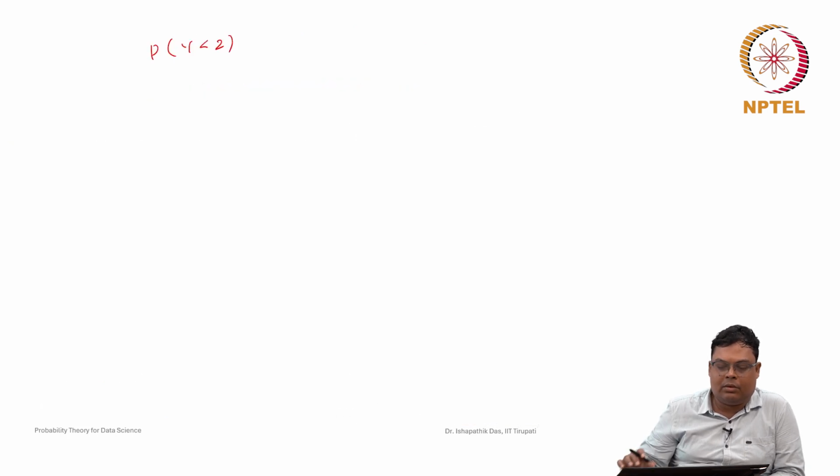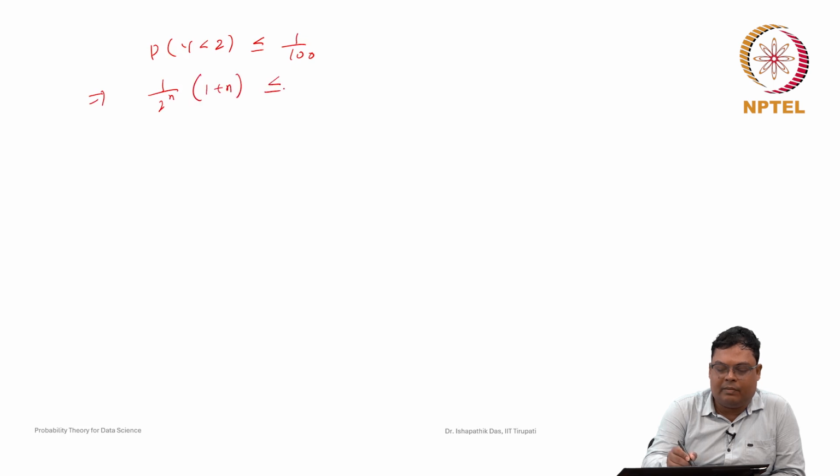So (1/2)^n (1 plus n) should be less than or equal to 1 by 100.